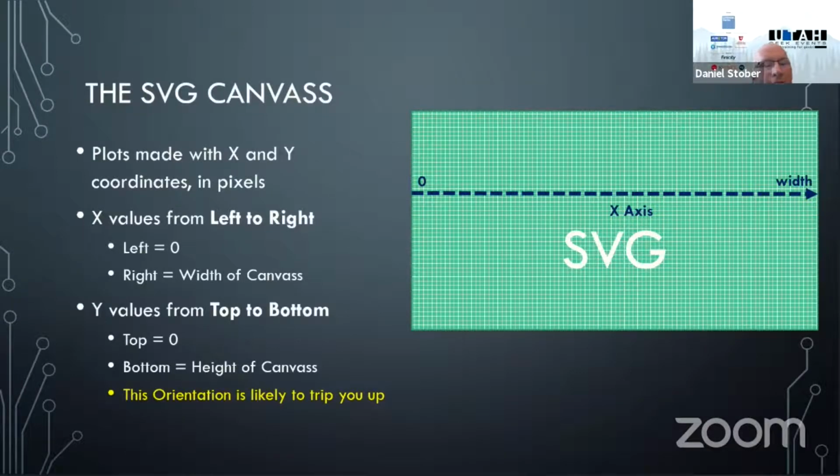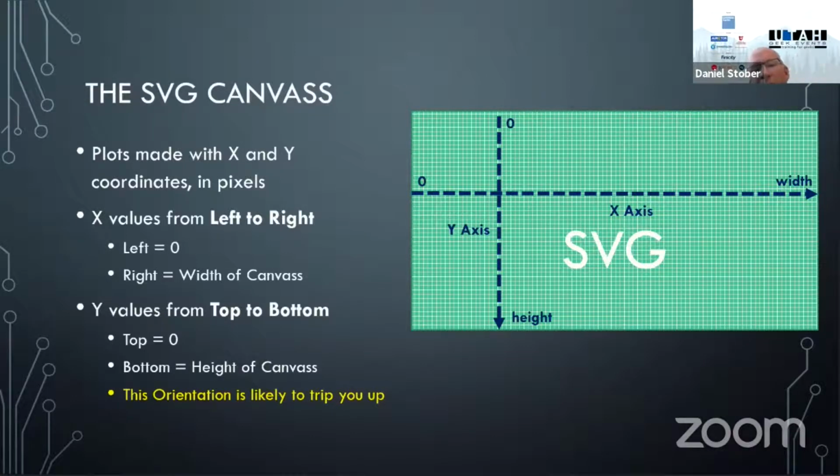And then the Y values go from top to bottom, with 0 being at the top and height being at the bottom. And I made a note here in yellow that the orientation of the Y-axis will trip you up, especially when you want to make horizontal bar charts. And I'll show you more what that means in a couple of minutes here.